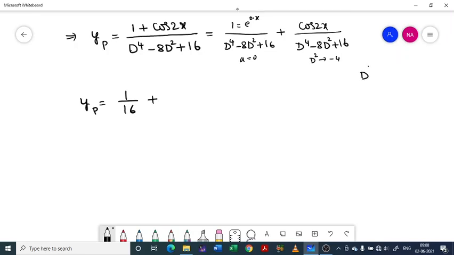It is d square into d square minus 8d square plus 16. Actually we have d square into d square, so minus 4 into minus 4, minus 8 into minus 4 plus 16, minus 4 into minus 4, that is plus 16.